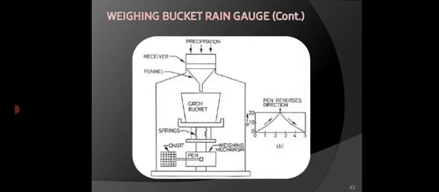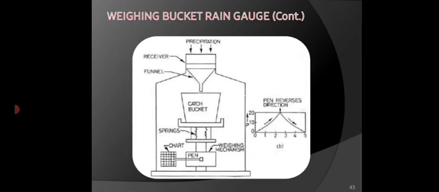So in the previous tipping bucket, there are buckets on a pendulum on a stable equilibrium platform. While here, one bucket is placed on a weight and that bucket rests on a spring.